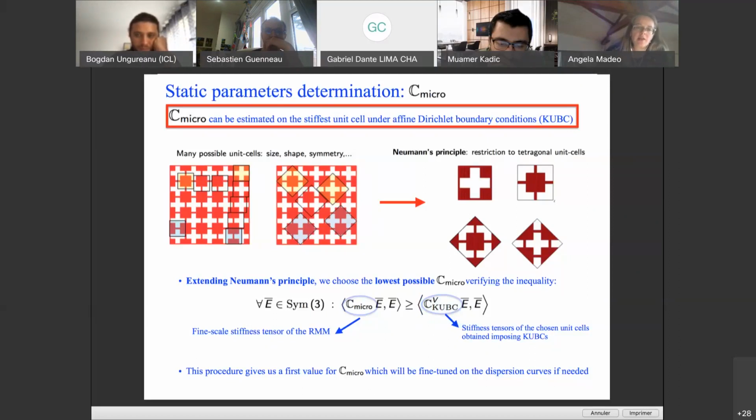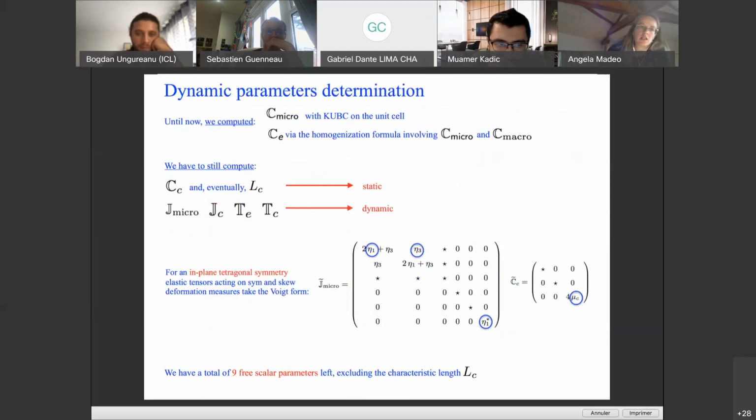In this way, this procedure gives us a first value of C micro with the equality, that can be stiffer, but we can adjust this eventually on the dispersion curves if needed. So this was for the static determination.